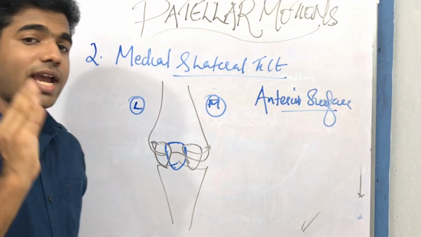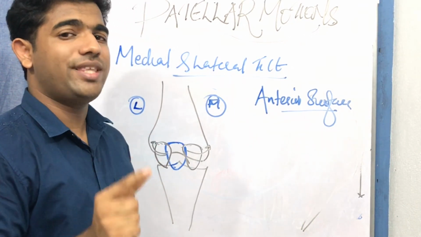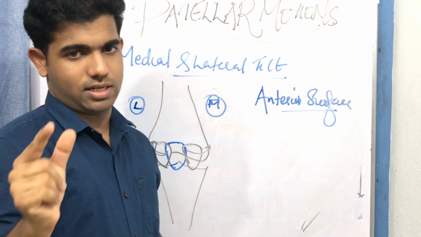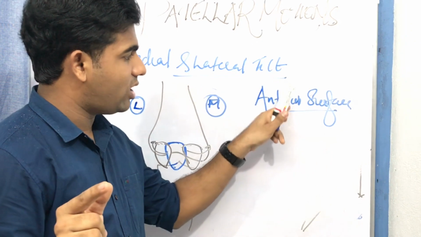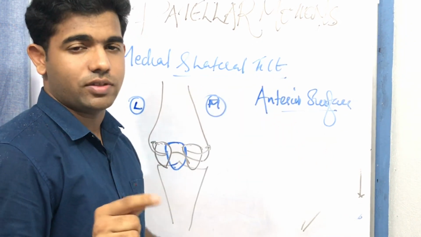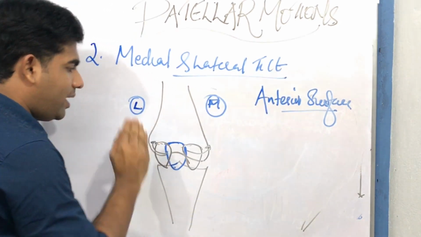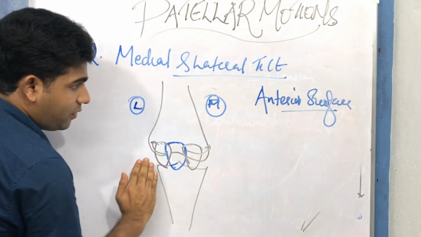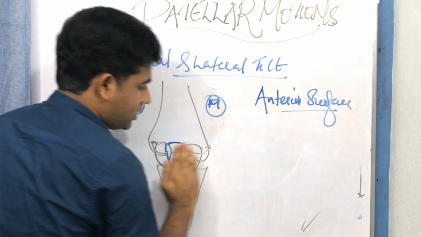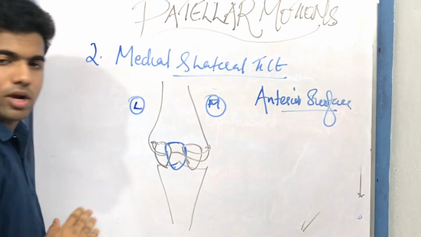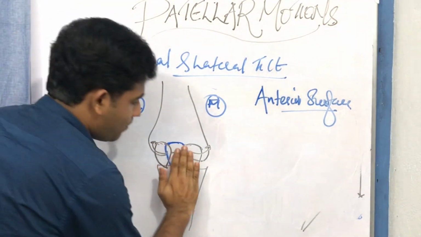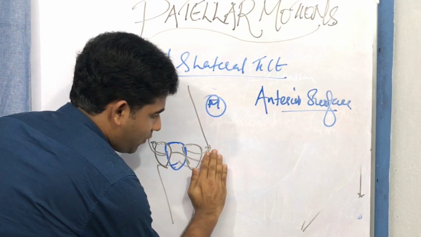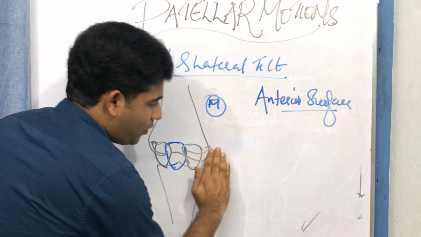Right? So we have another motion, which is the medial and lateral tilt of the patella, and the reference point is the anterior surface. Now let us define it. The medial tilt of the patella is the movement of the anterior surface to the medial femoral condyle.